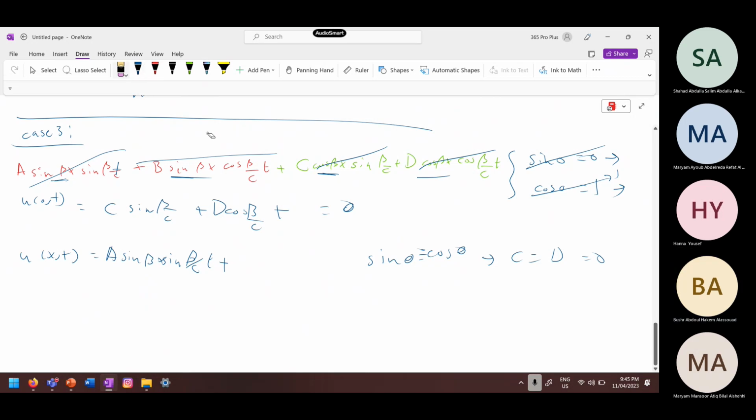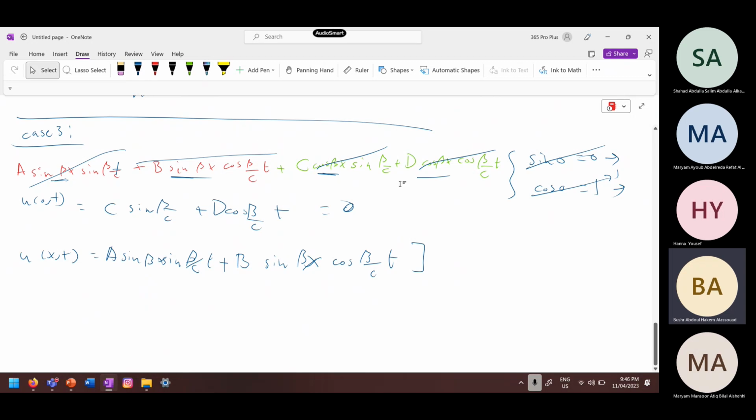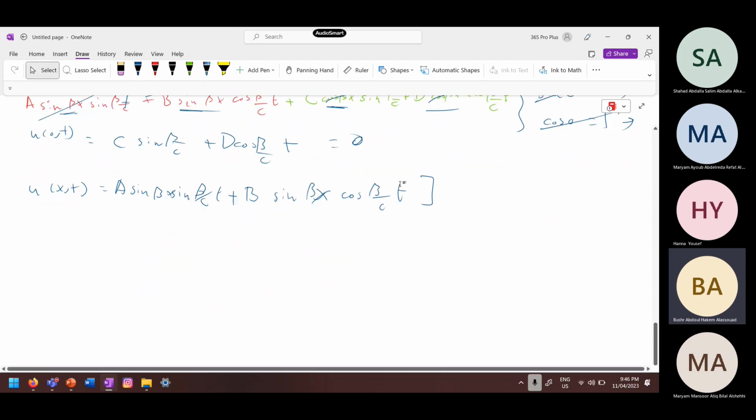Plus B sine beta X cosine beta over C T. Okay, this is our new U, the new one, after canceling out C and D, the useless numbers.